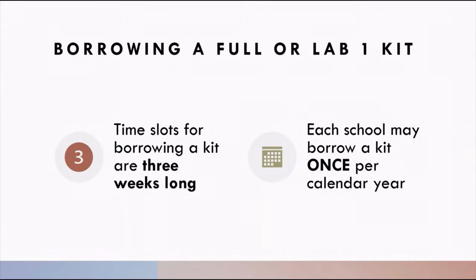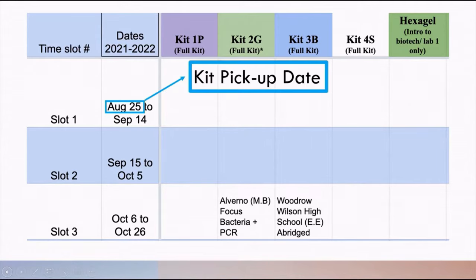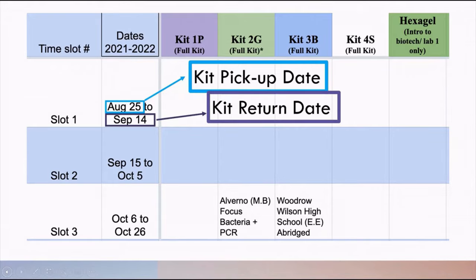Time slots during which kits can be borrowed are 3 weeks long, and each school can only borrow 1 full kit within a calendar year. On your distribution center's kit/supply schedule, the first date listed for each time slot is the day you would pick up your kit from your distribution center, and the second date is when you would need to return your kit to your ABE distribution center.